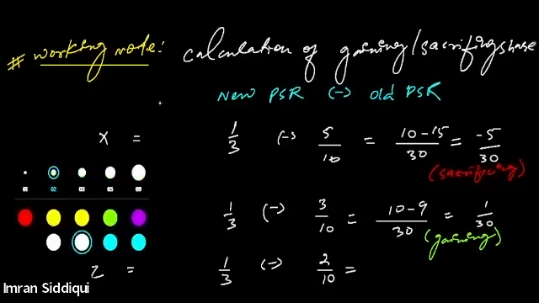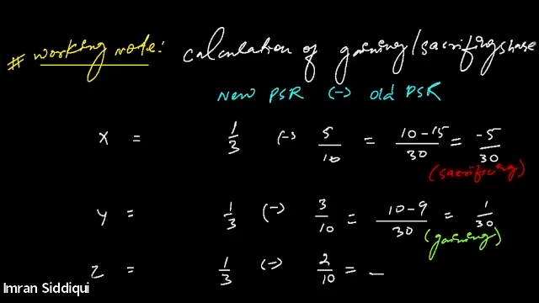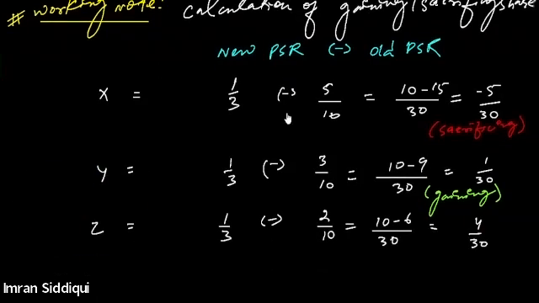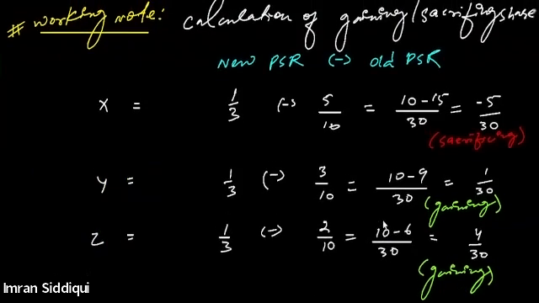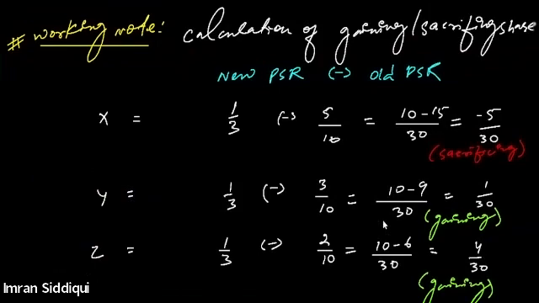Right. And Z, this will be 30, 10 minus 6. That means 4/30, sorry. That also shows that Z is also gaining. Right, everybody? Everybody understood this calculation? Yes, sir. Note this down quickly so that we can pass the journal entry.